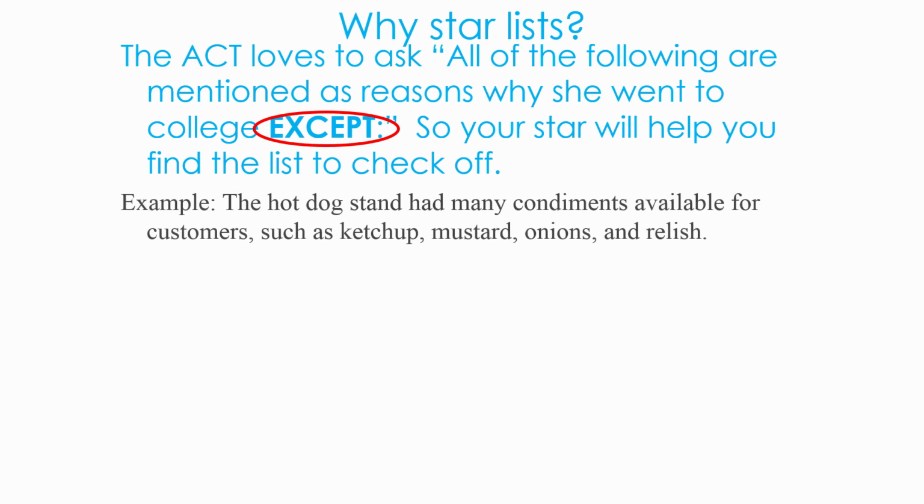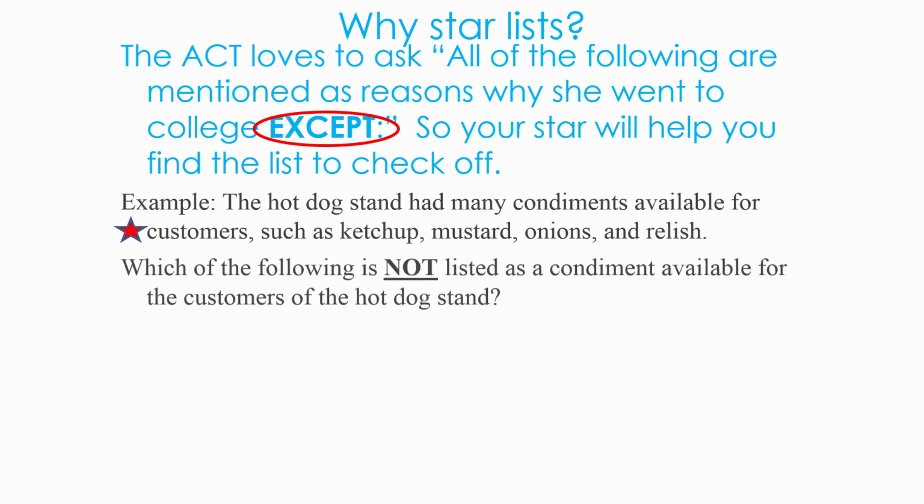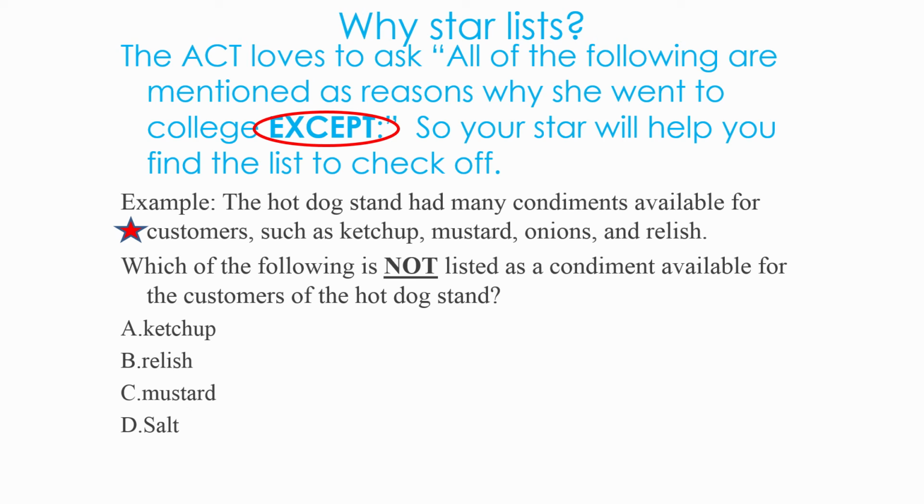So the story may say, quote, the hot dog stand had many condiments available for customers, such as ketchup, mustard, onions, and relish. And then the question will say something like this. Which of the following is not listed as a condiment available for the customers of the hot dog stand? And for those of you who don't know the word condiment, it means the stuff you add to your sandwich or whatever.